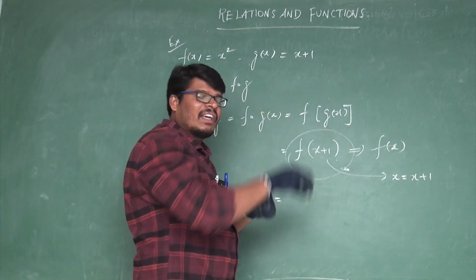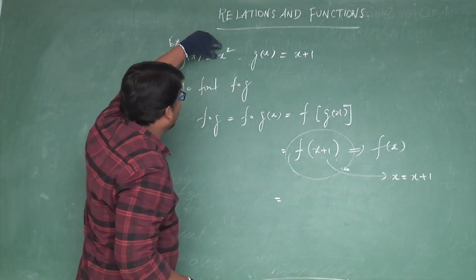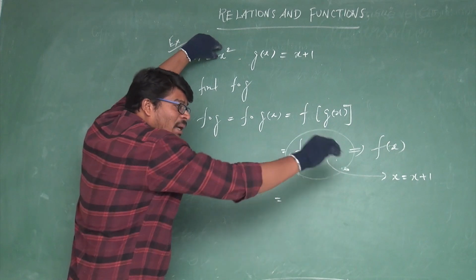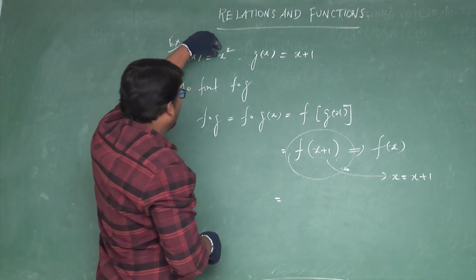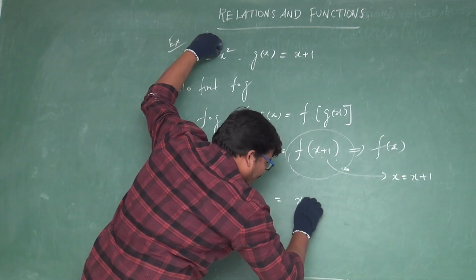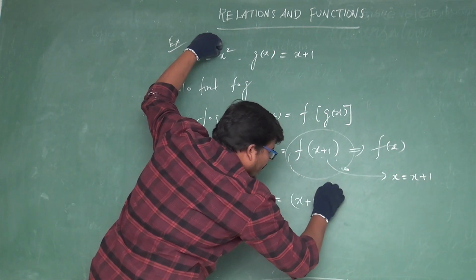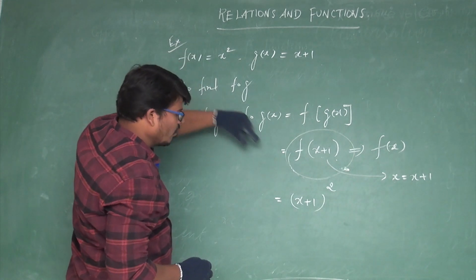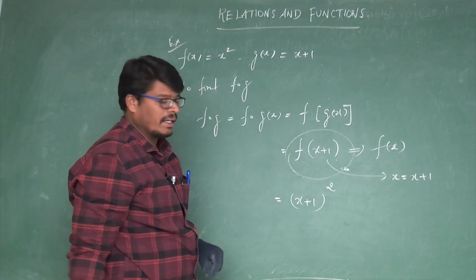Now substitute the value in f of x. F of x is x square, where x is replaced by x plus 1, so x plus 1 whole square. That is f dot g equal to x plus 1 whole square.